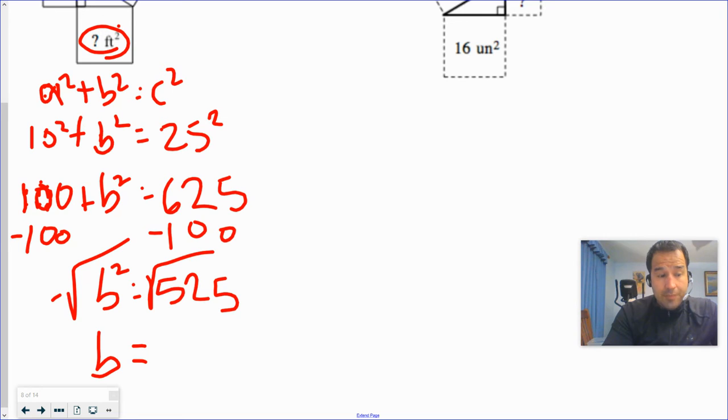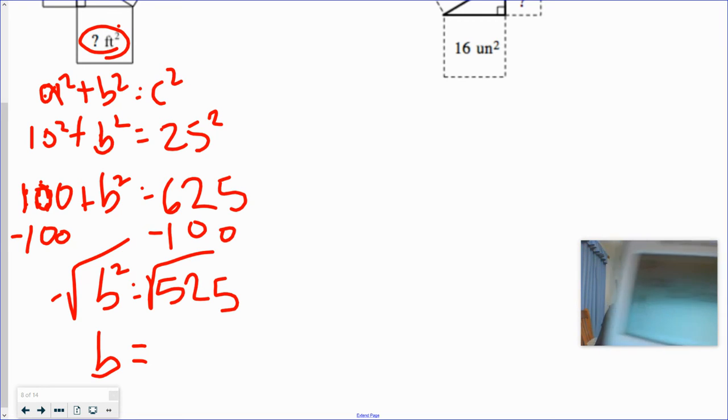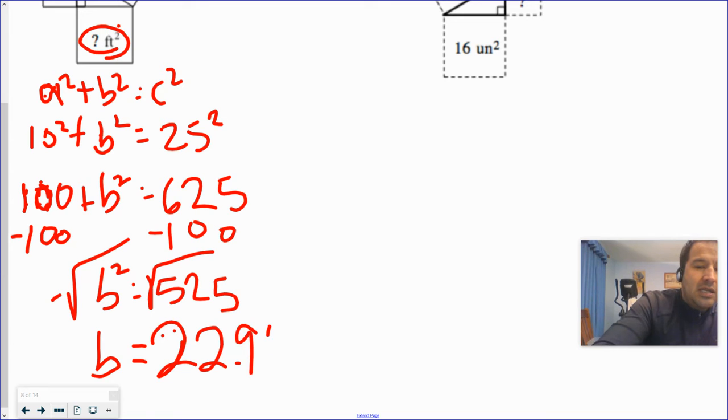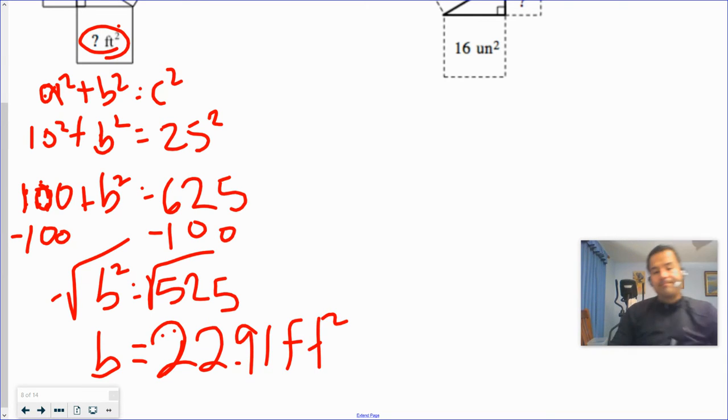Do you remember that? If I round to the nearest hundredth, it'd be 22 and 91 hundredths feet. Cool. All right, that's a correct answer for number 1.